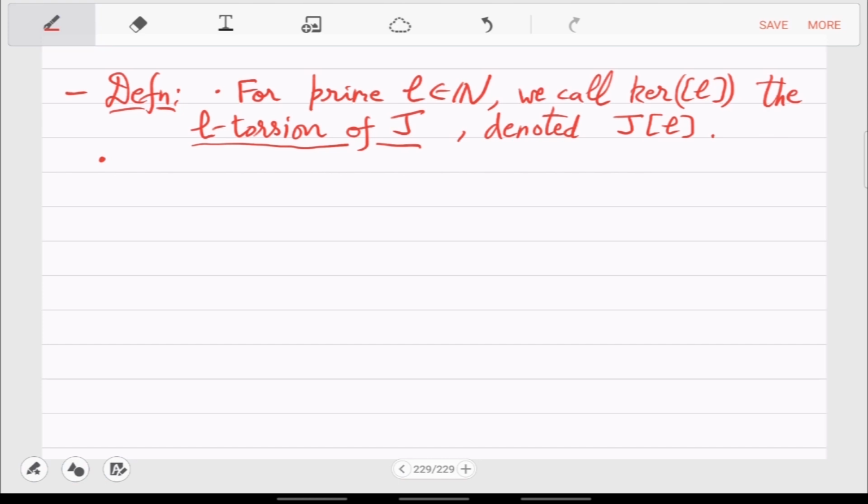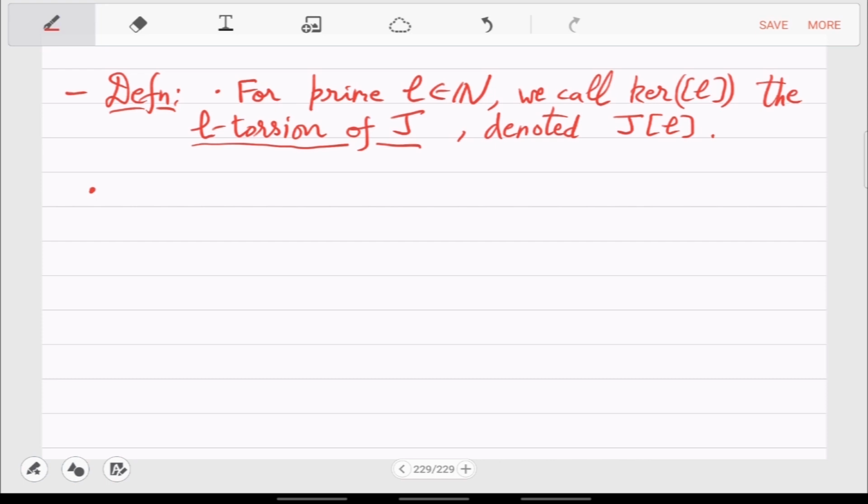And that kind of gives you J[L infinity]. Look at all the powers of L. Look at all these torsion points. That is called T_L J. Or the Tate module. Well, let me not call it Tate module. Let us just continue with L torsion.